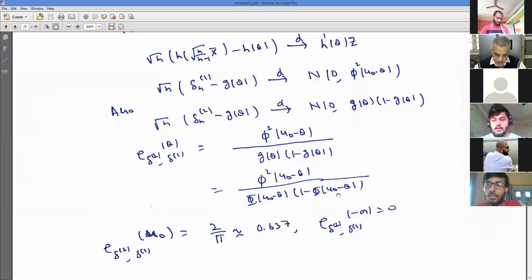Any other doubt anybody has? Sir, if delta nx is a consistent estimator, then the limit as n tends to infinity of the expectation of delta nx equals g theta, and the variance tends to 0 as n tends to infinity.